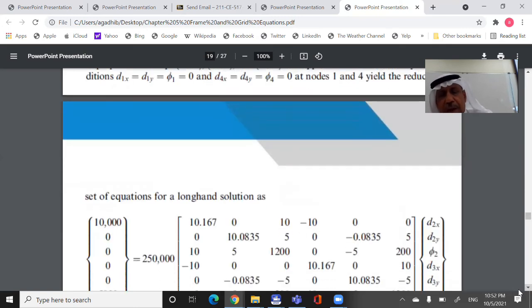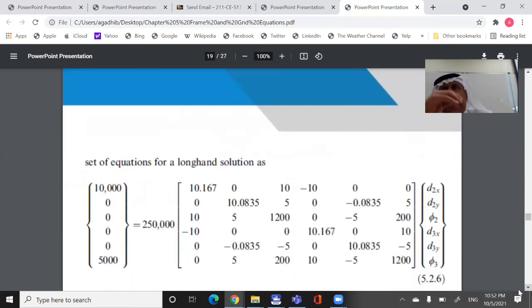Stay with me. Is this the global one? No. Is this global or not yet? What is this? This is a partition from the global. You told me it is 4 nodes, 4 times 3, 12 by 12. But how many will you extract? 6.